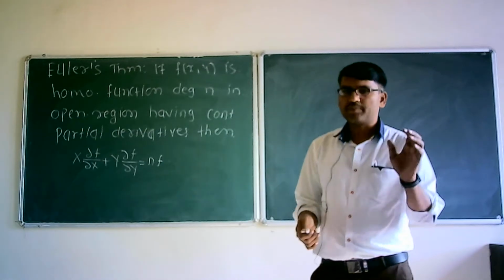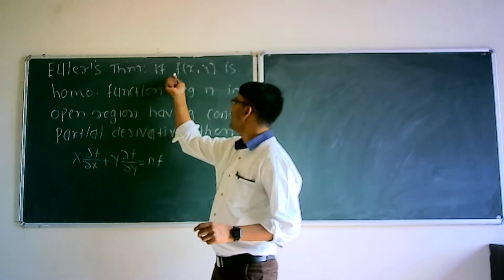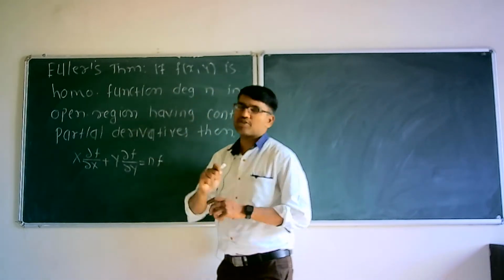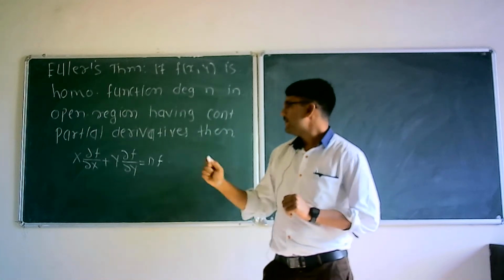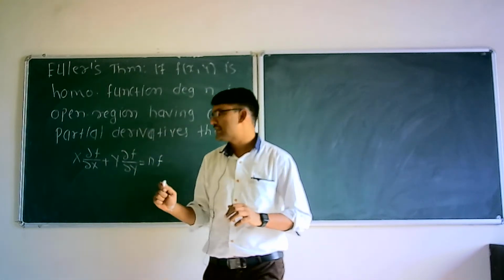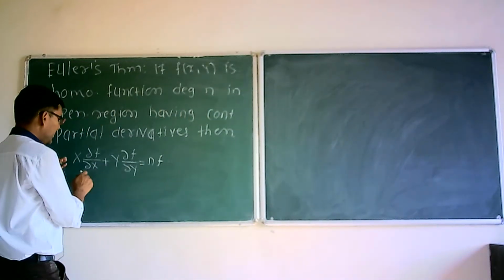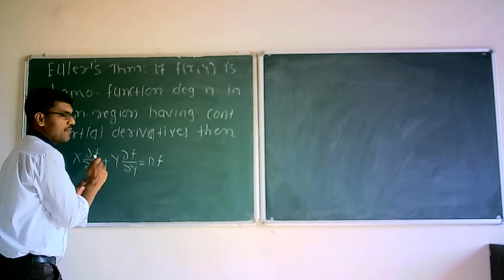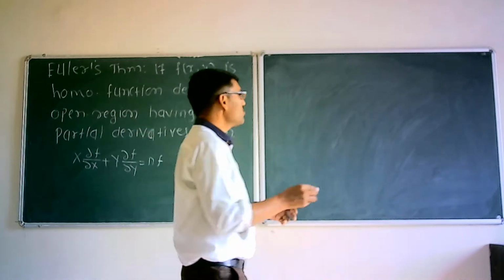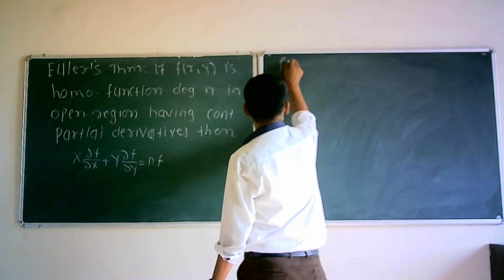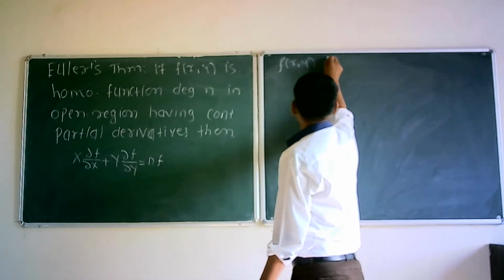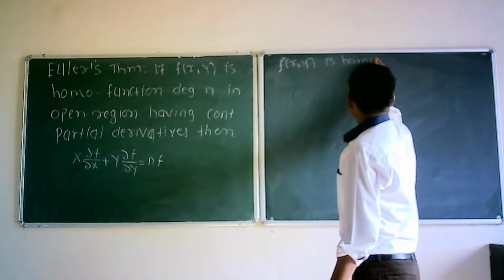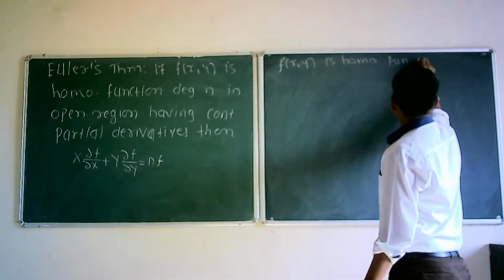To prove this statement, what is given? Given f(x, y) is a homogeneous function of degree n and having continuous partial derivatives, and this is our claim. We want to prove here x ∂f/∂x plus y ∂f/∂y equal to nf. So f(x, y) is a homogeneous function of degree n.